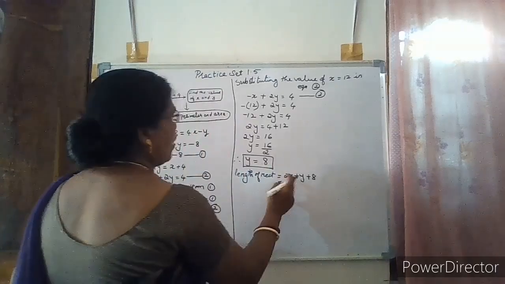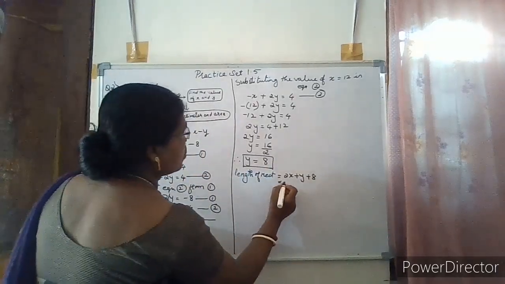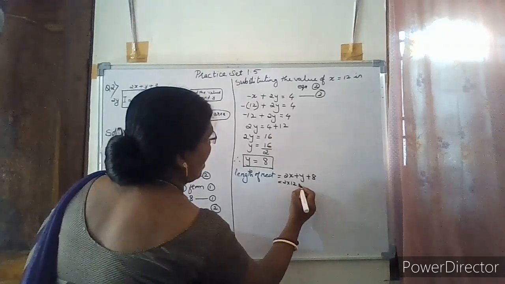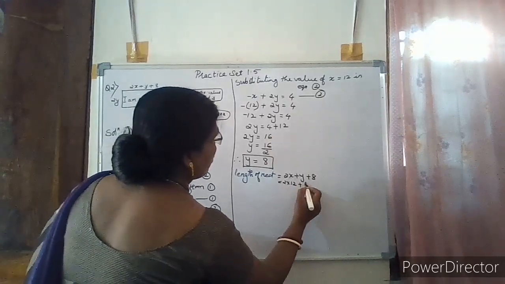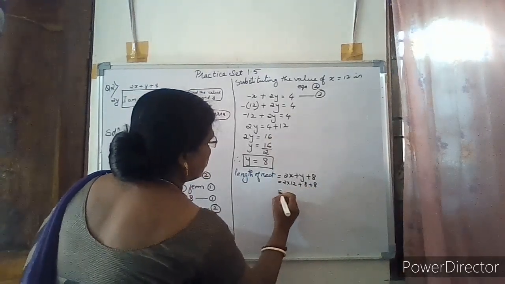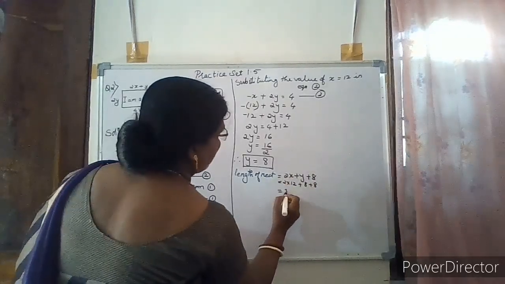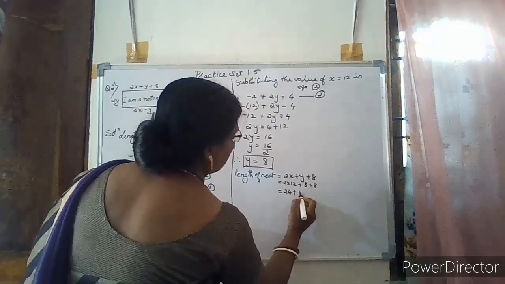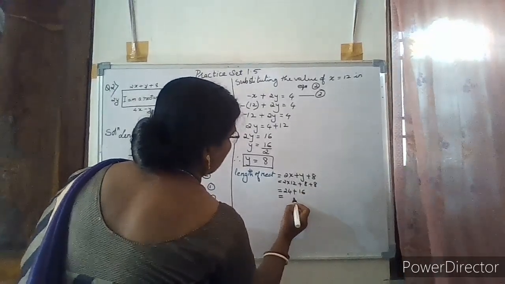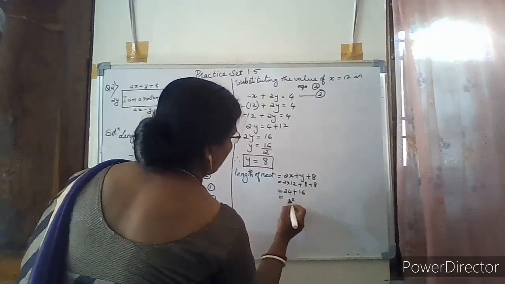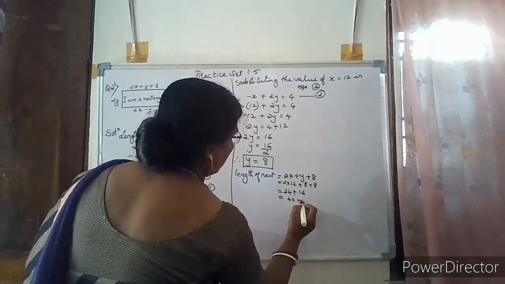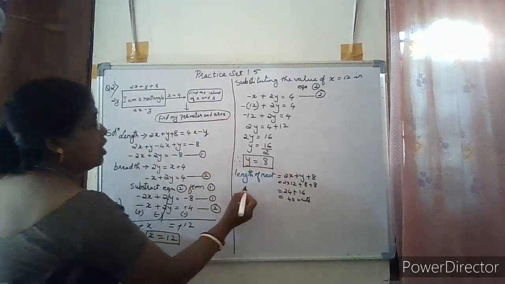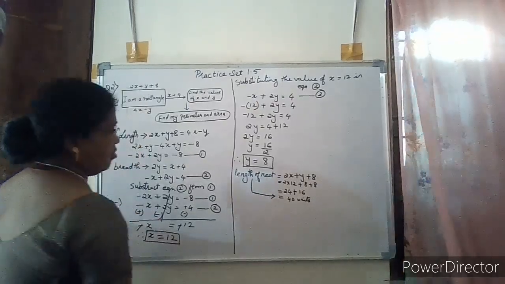Substitute the values of x and y in this: 2 into x, which is 12, plus y value 8, plus 8. So this is equal to 24 plus 8 plus 8, which is 40 units. This is the length of the rectangle.